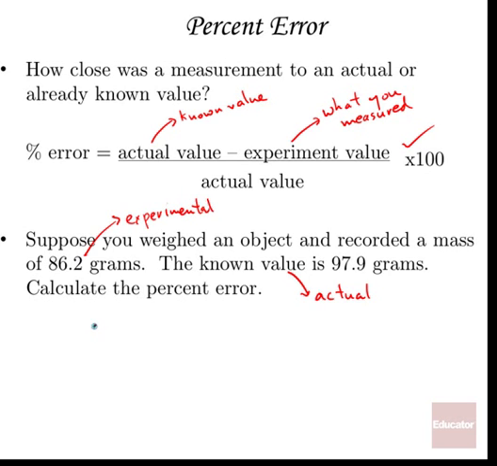And so the percent error, let's just plug everything into the equation, is going to be equal to the actual value, 97.9 grams, minus the experimental value of 86.2 grams, divided by the actual value, which was 97.9 grams. And all of this is going to be multiplied by 100 to get your percentage error.